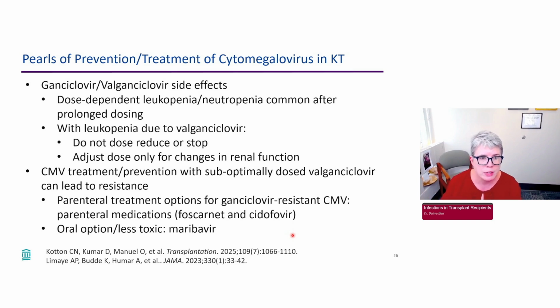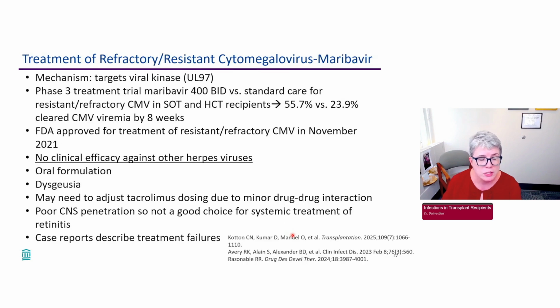In the past, we only had parenteral treatment or really intolerable medications. Now we have maribavir, which is less toxic and oral. It targets UL97. This is the SOLSTICE study quoted here that shows it was as good as, actually better than, investigator-assigned standard of care.